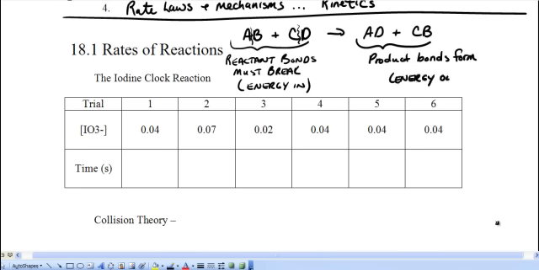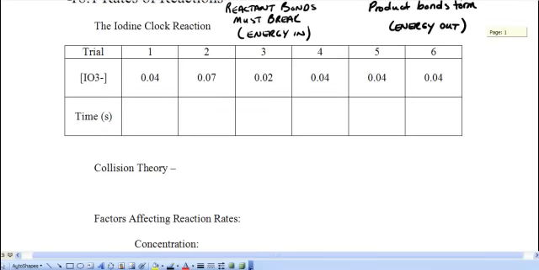So energy comes out. So energy always goes in to break the bonds of the reactants, and energy always comes out when you reform product bonds. All right? Now the question is, where does the energy come from to break these reactant bonds? Well, that's where collision theory comes in.